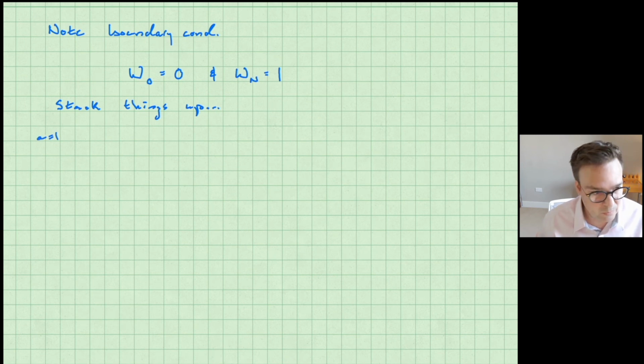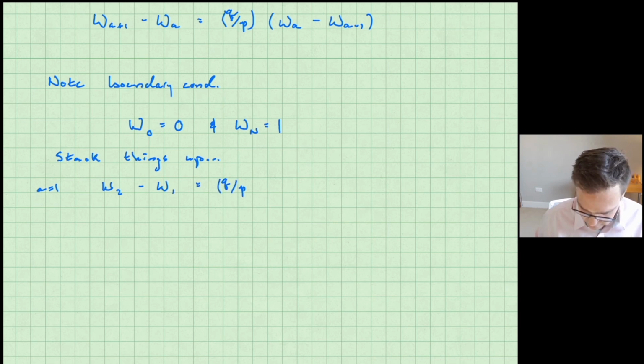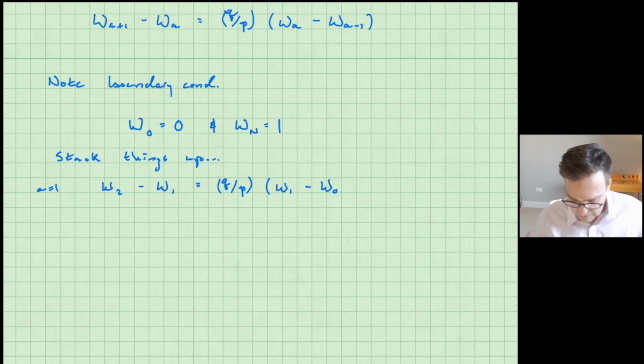So if you started out with 1, then what this line up here says is you get W sub 2 minus W sub 1 is equal to Q over P times W sub 1 minus W sub 0. But our boundary conditions show up here in one place: W sub 0 is equal to 0.